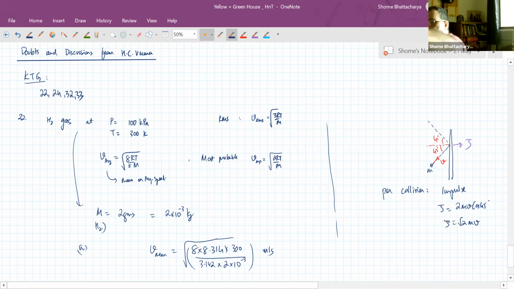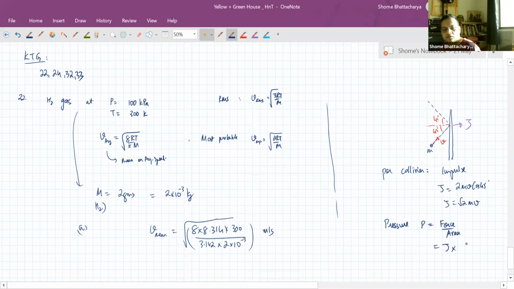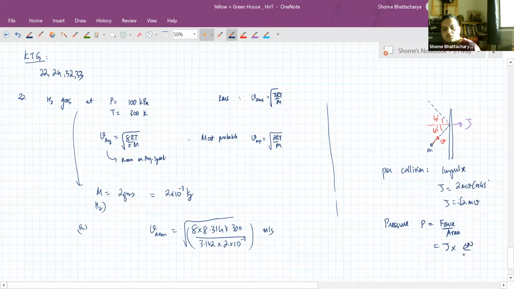So now we should equate the pressure with what? The force per unit area. So pressure will become equal to impulse per collision into, you can say like this, number of collisions per unit area per unit time.